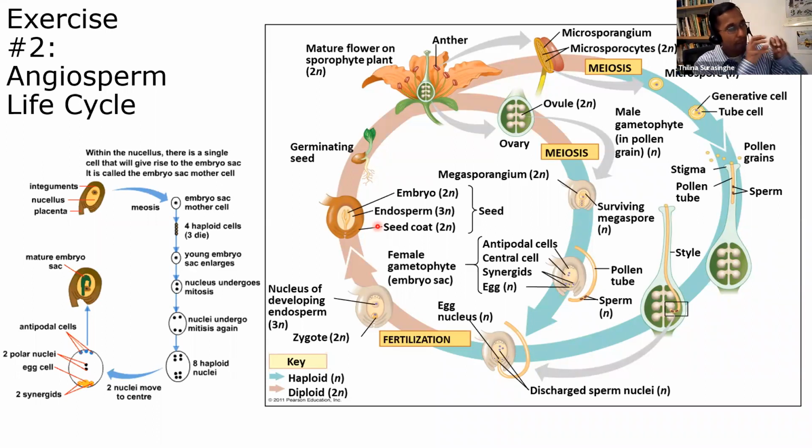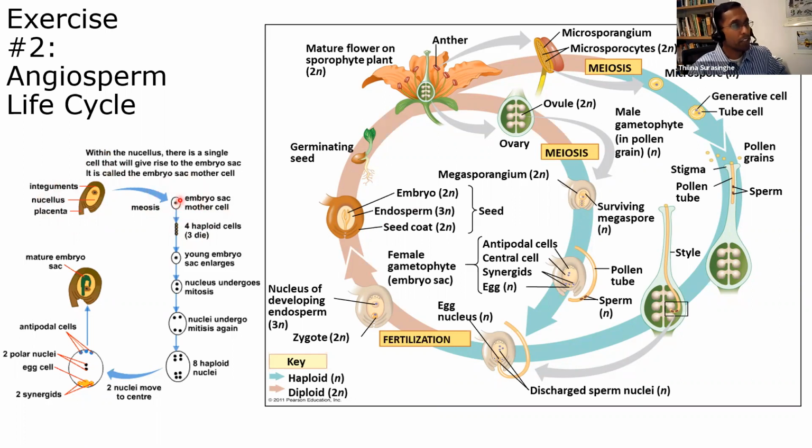So here, I kind of zoom into what happens inside the female gametophyte, inside the megasporangium or inside the ovary, right? Inside a single ovule of an ovary, you have this embryo sac mother cell, right?